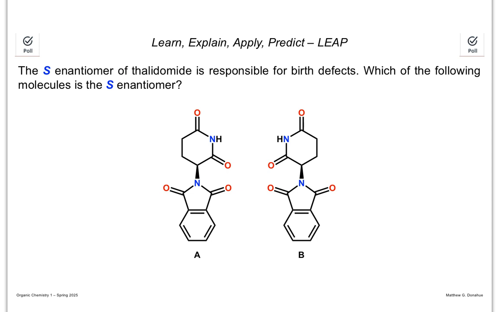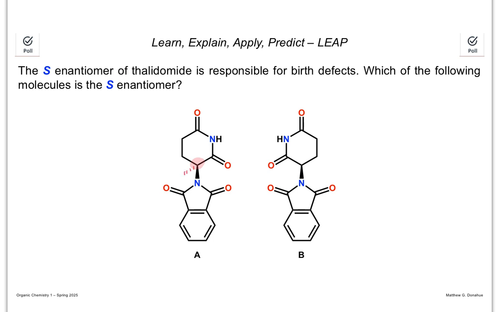So A. Let's run through the calculation of how to do that. I'll highlight the stereogenic carbon. We know that the bolded line means that bond is coming towards you.